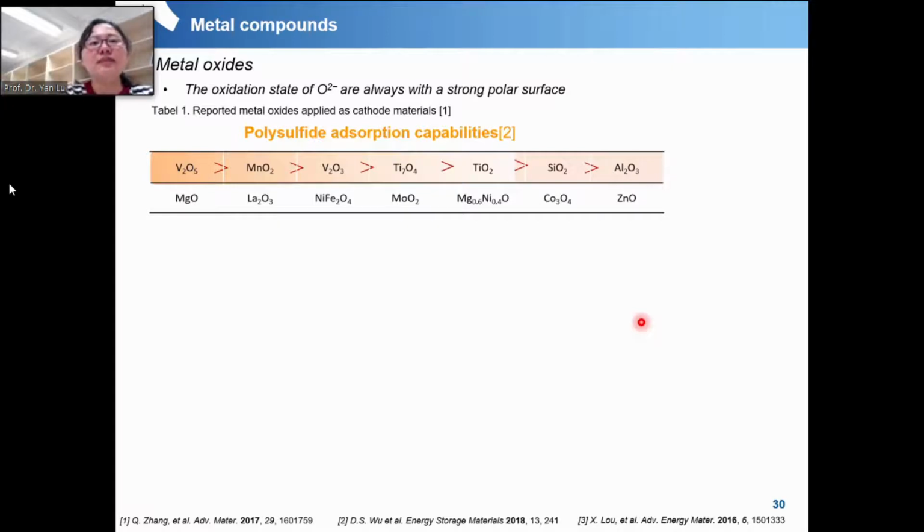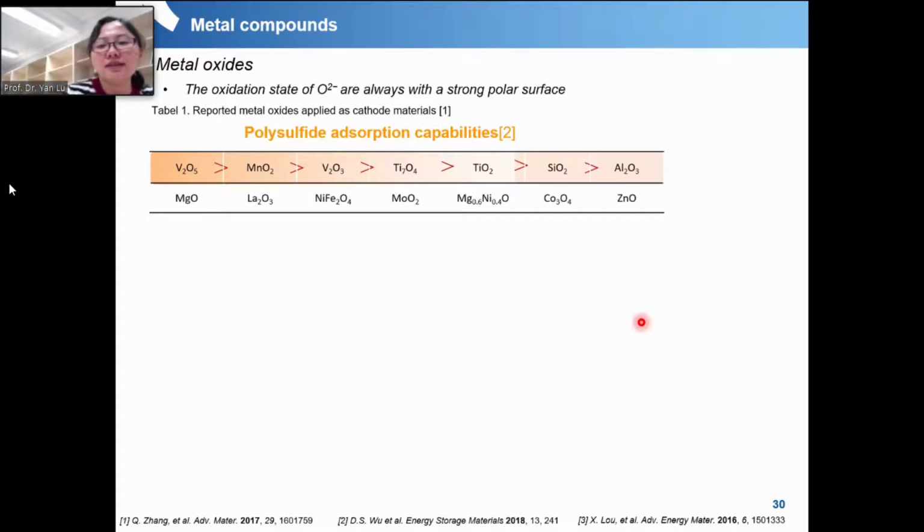So first, the metal oxides. They are very attractive as a cathode for lithium sulfur batteries because, owing to the oxidation state of oxygen, they always have a very strong polar surface. This gives you a strong affinity with polysulfides.